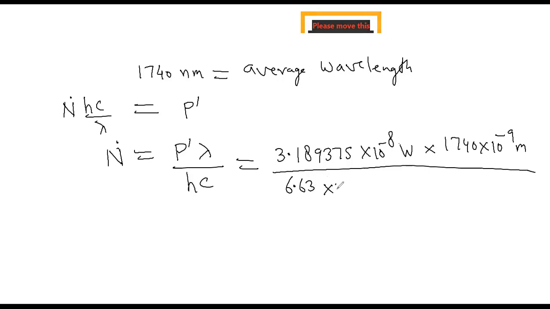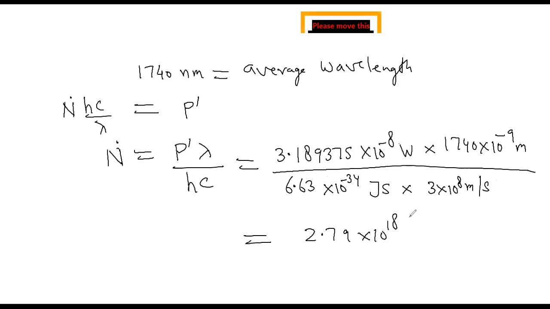divided by 6.63 into 10 raised to minus 34 joule second into 3 into 10 raised to 8 meter per second. So if you solve all this, you will get 2.79 into 10 raised to 11 photons per second.